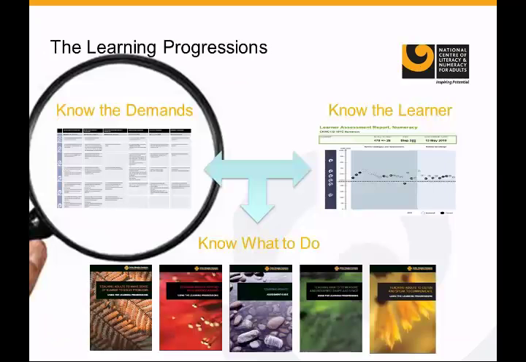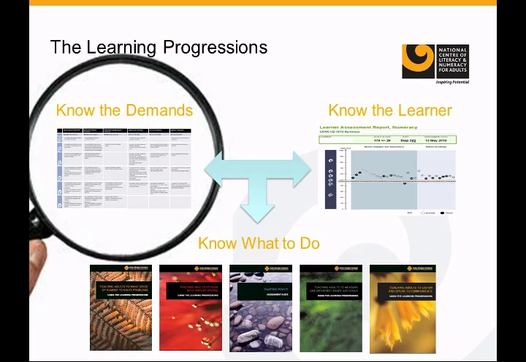So just to sum up, knowing the demands is probably the most neglected part of the embedded literacy and numeracy process, and yet it's vital. Knowing the demands is a matter of analysing the demands of your particular course, but also the vocation that you're training students for.